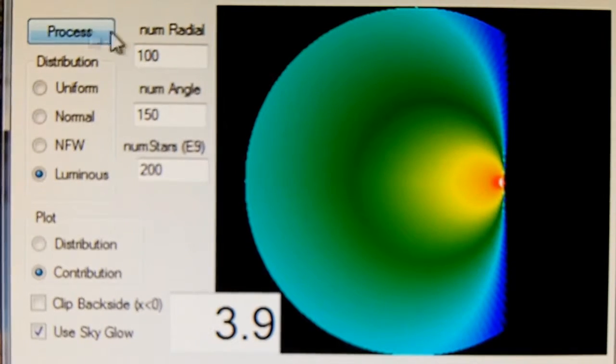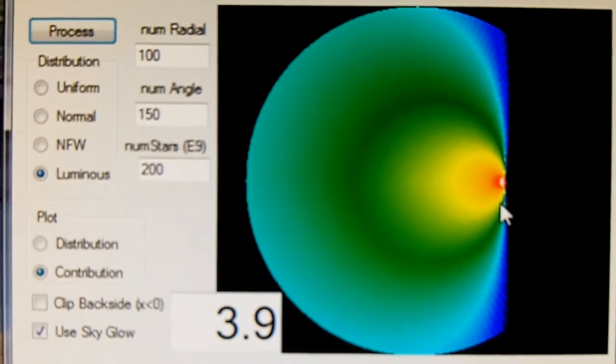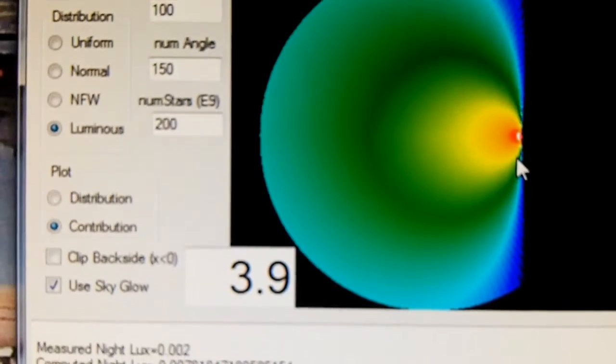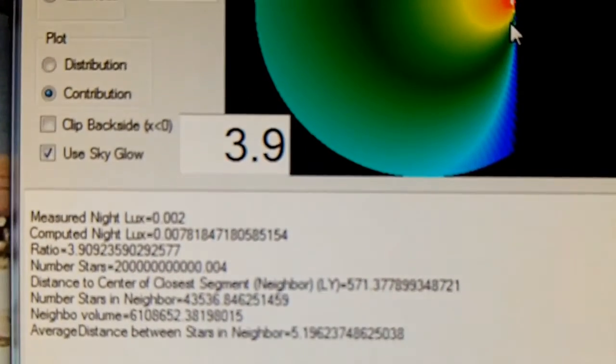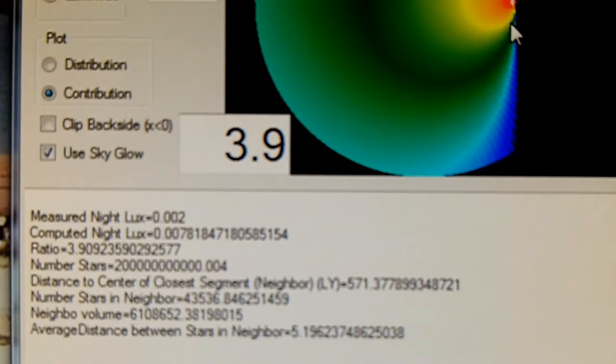See, the more you divide up, the farther away your neighbor stars are. Your neighbor stars turn out to be the biggest problem here. Let me show you the bottom side of the screen so you can see what I'm talking about, because it has information that explains this. Here, this is the measured nighttime lux.